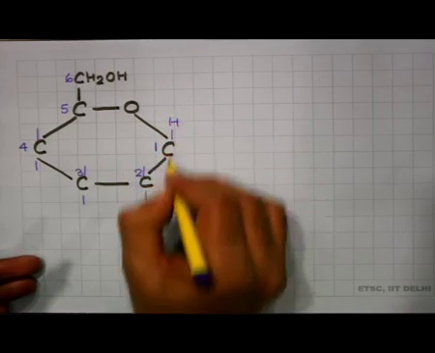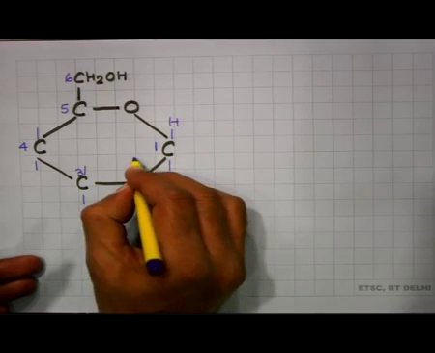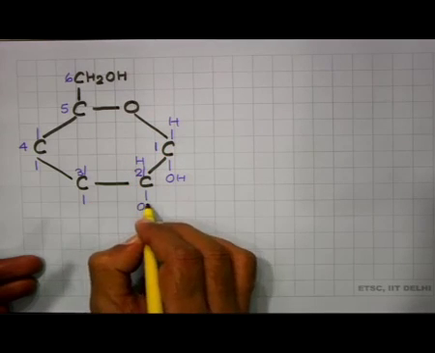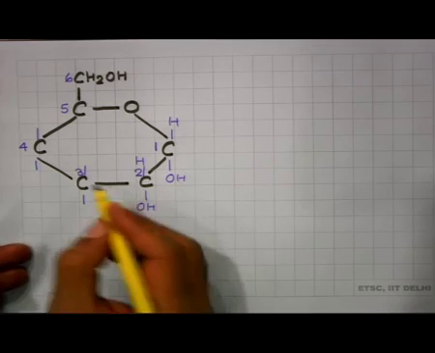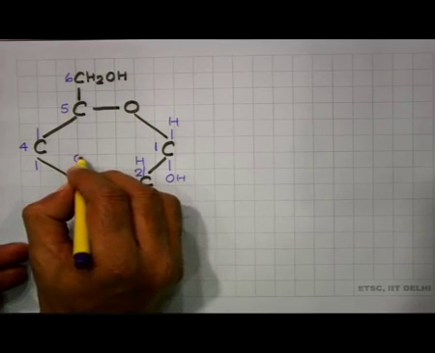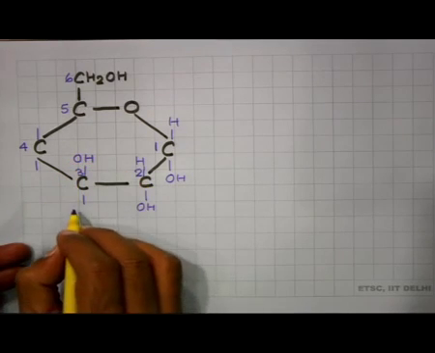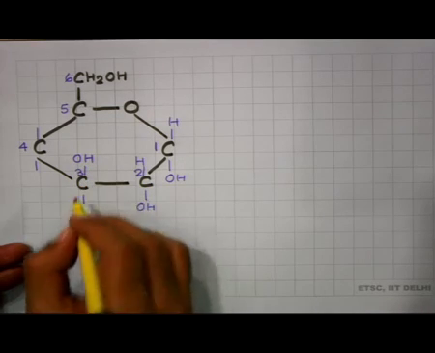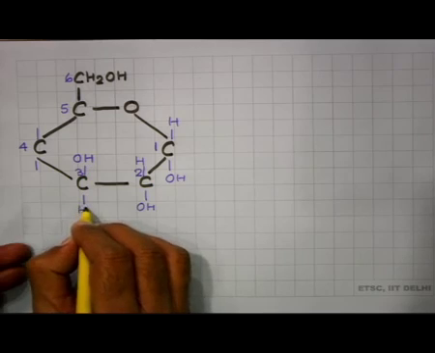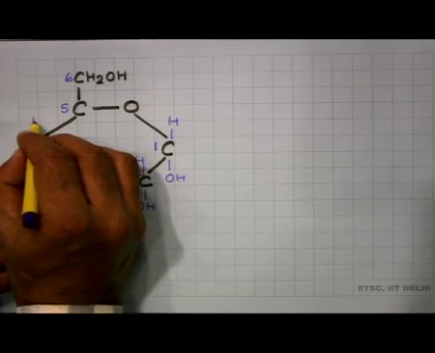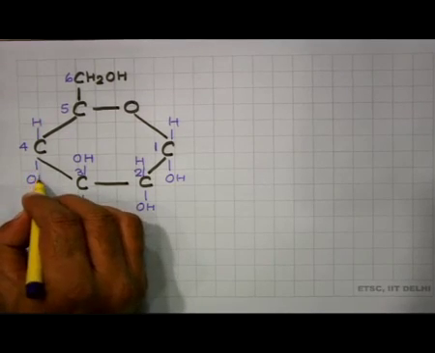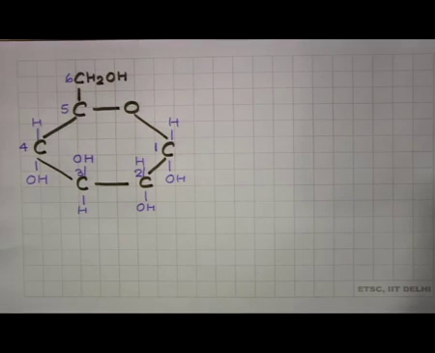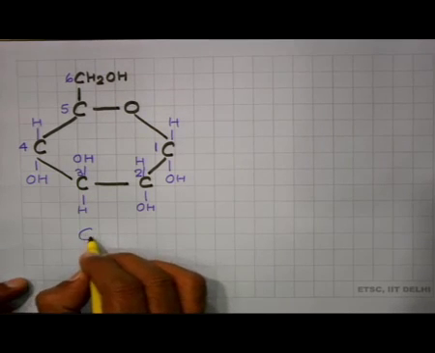Here is H, OH, H, OH. In glucose, the third carbon atom has OH at the left side. So, here OH at upper one, H, here H, OH. So, this is the ring form of glucose.